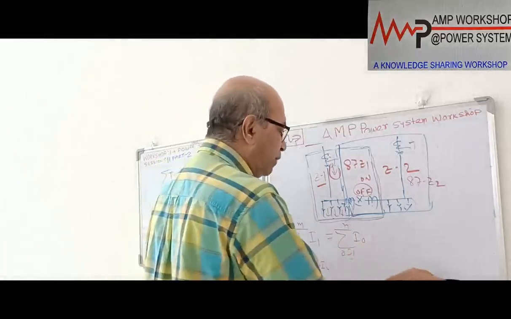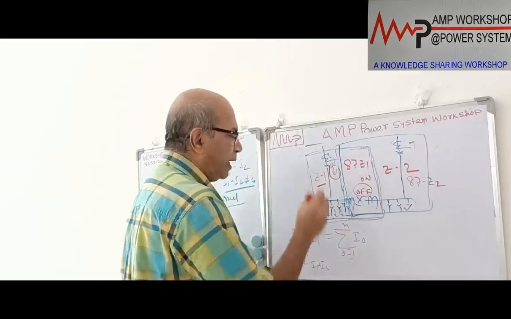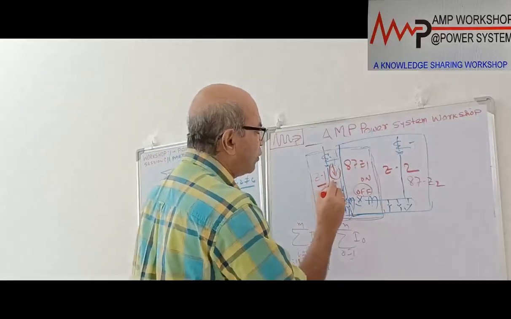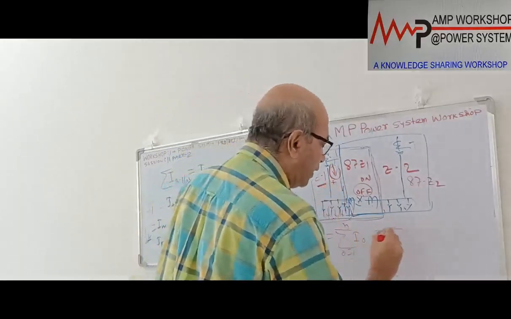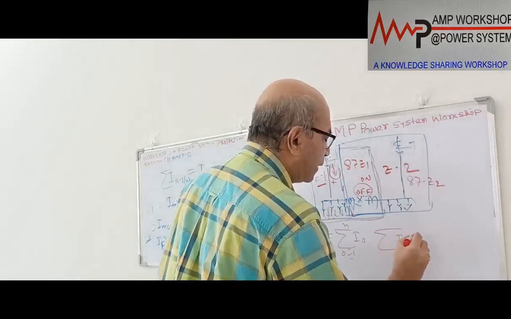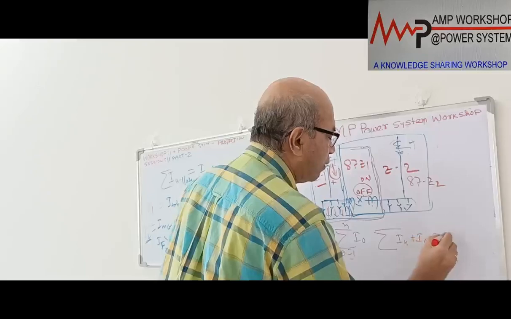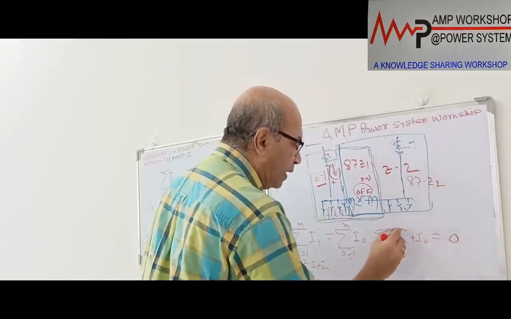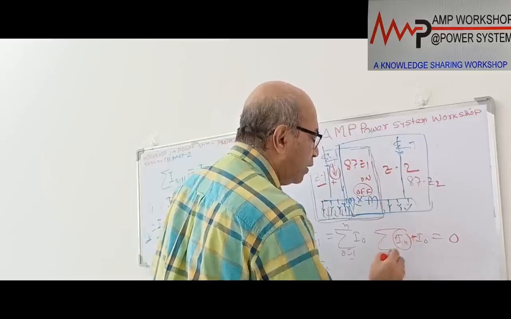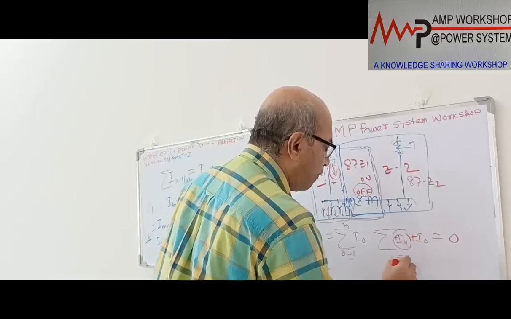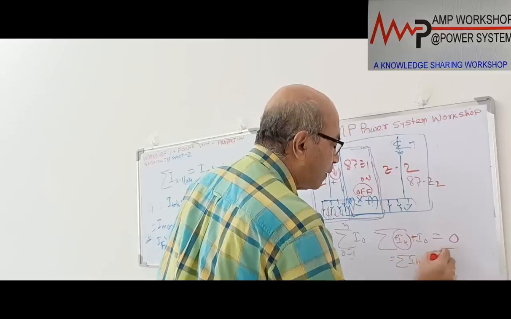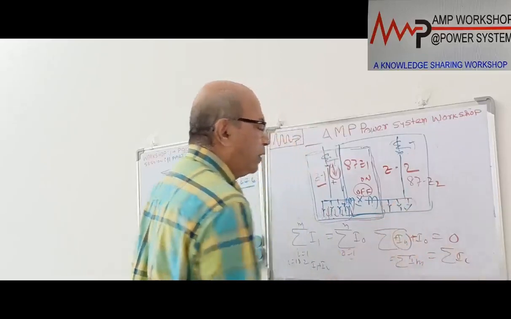If we sum these two as a vector sum by direction, because this is coming towards the bus and this is going out, if we consider this positive, this will be negative. At any instant, the vector sum of all current I in plus I out equals 0. So at any instant, the sum of I in equals the sum of I out at balanced condition.